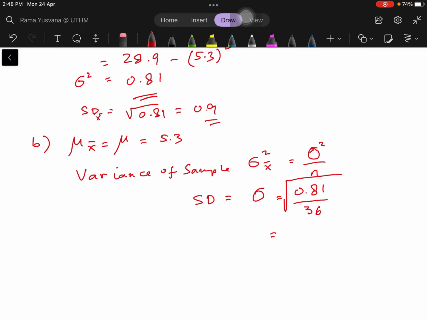SD equals sigma, 0.9, divided by 6, and this equals 0.15 as our standard deviation of our sample.